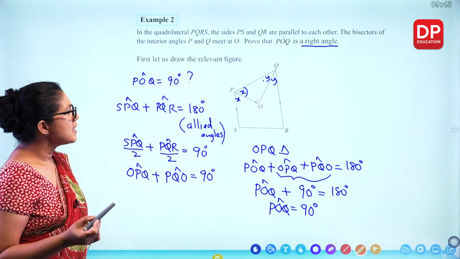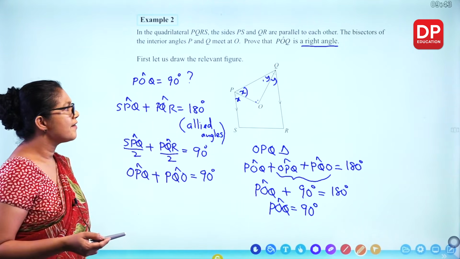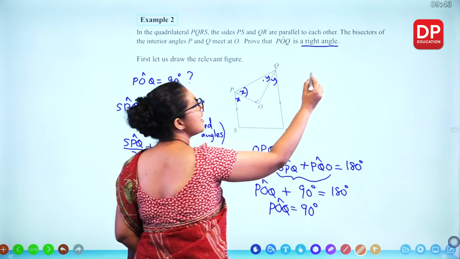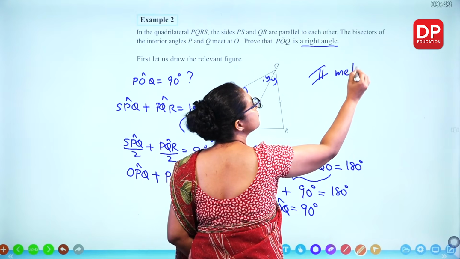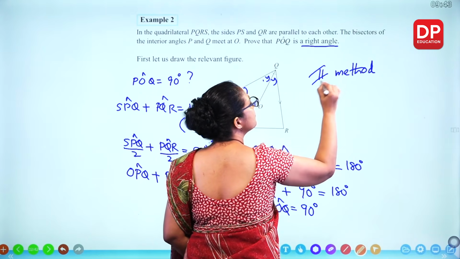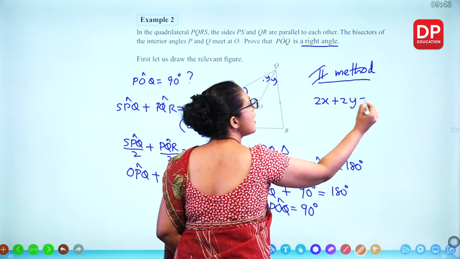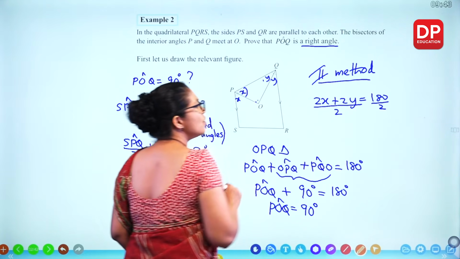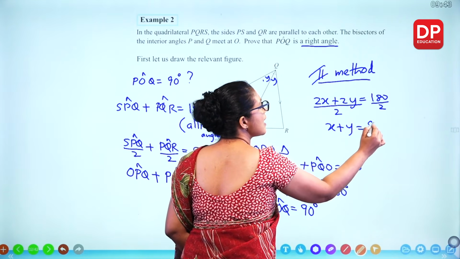So if you are using the algebraic method without writing this, what can we write? Here straight away you can use the algebraic method. 2x plus 2y equals 180. Divide the whole thing by 2. I can write x plus y equals 90 degrees.